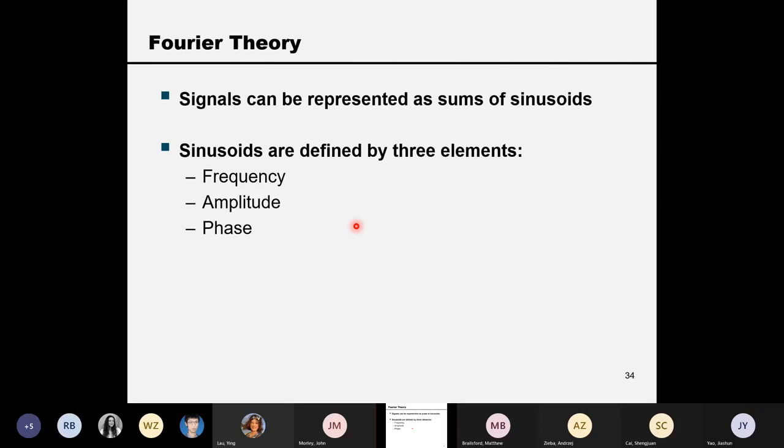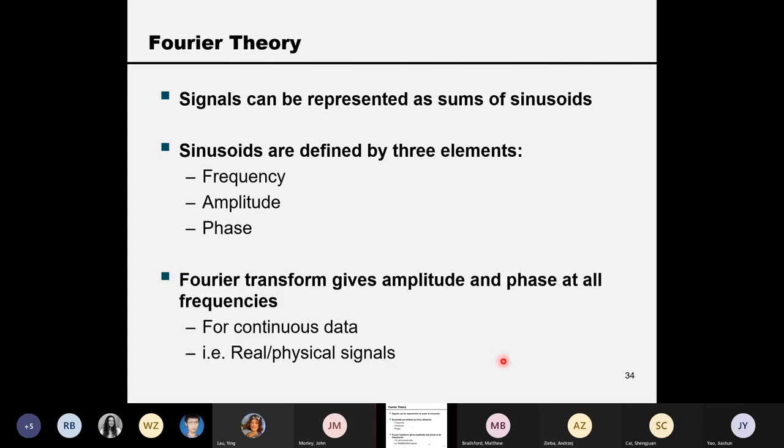Or the phases, whether this is delayed or ahead, that's the difference. I already said that. So basically, the Fourier transform gives us an amplitude and a phase at all frequencies, right? So that's called a spectrum.